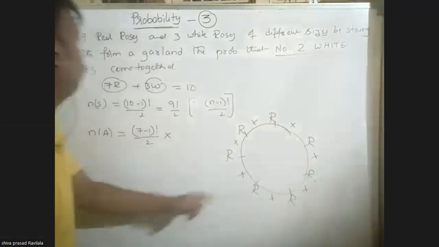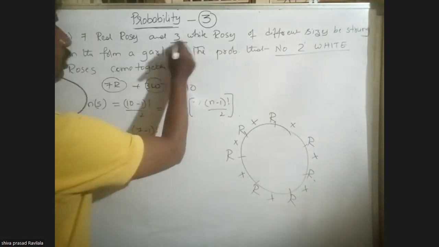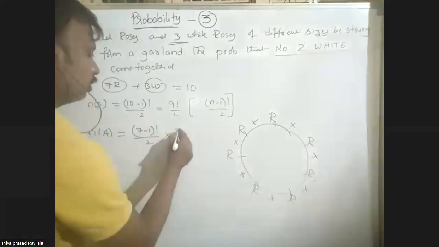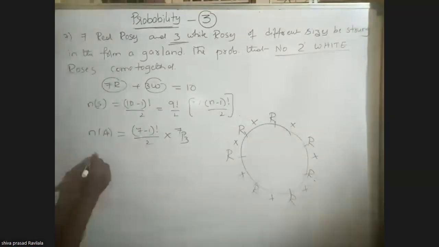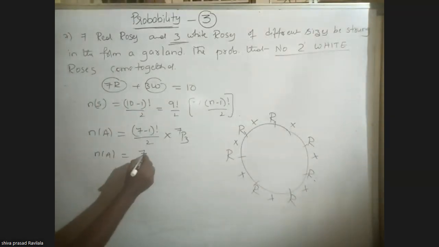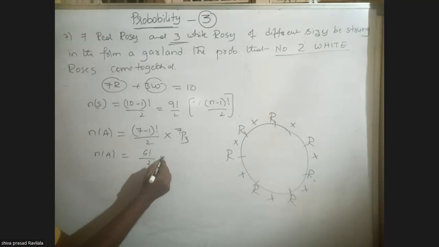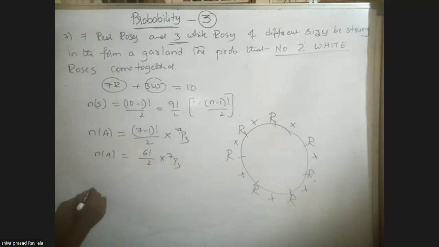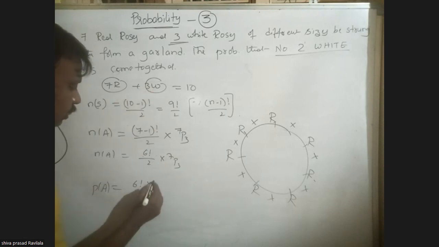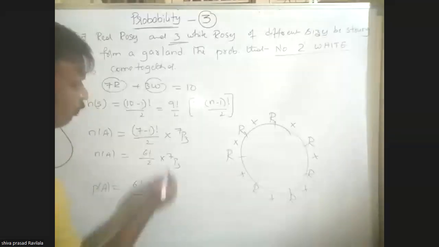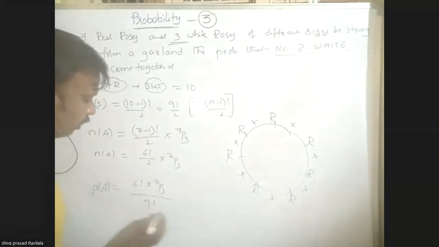These 7 gaps can be filled with 3 white roses in 7p3 ways. Okay. Therefore, n of A is equal to 7 minus 1, sorry, 6 factorial by 2 into 7p3. For the answer, P of A is equal to n of A by n of S. The 2 will be cancelled. That is 6 factorial into 7p3 by the denominator 9 factorial.